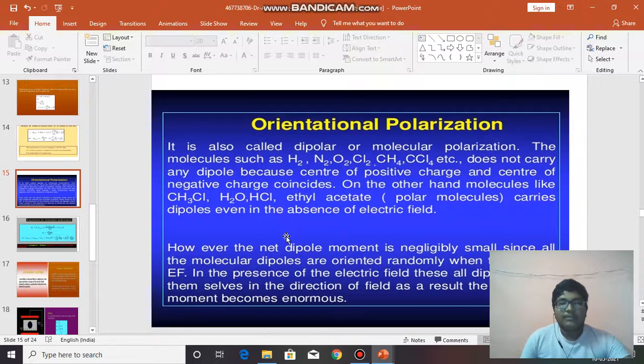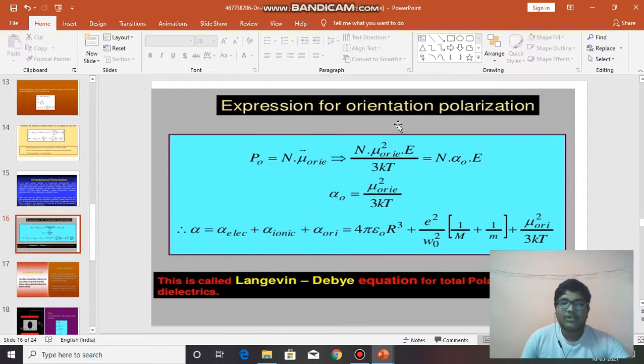And then we discuss the expression for the orientation polarization. P naught equals n into mu, equals n into alpha naught into E, by which we can find the value of alpha naught, which is alpha equals alpha electronic plus alpha ionic plus alpha orientation.